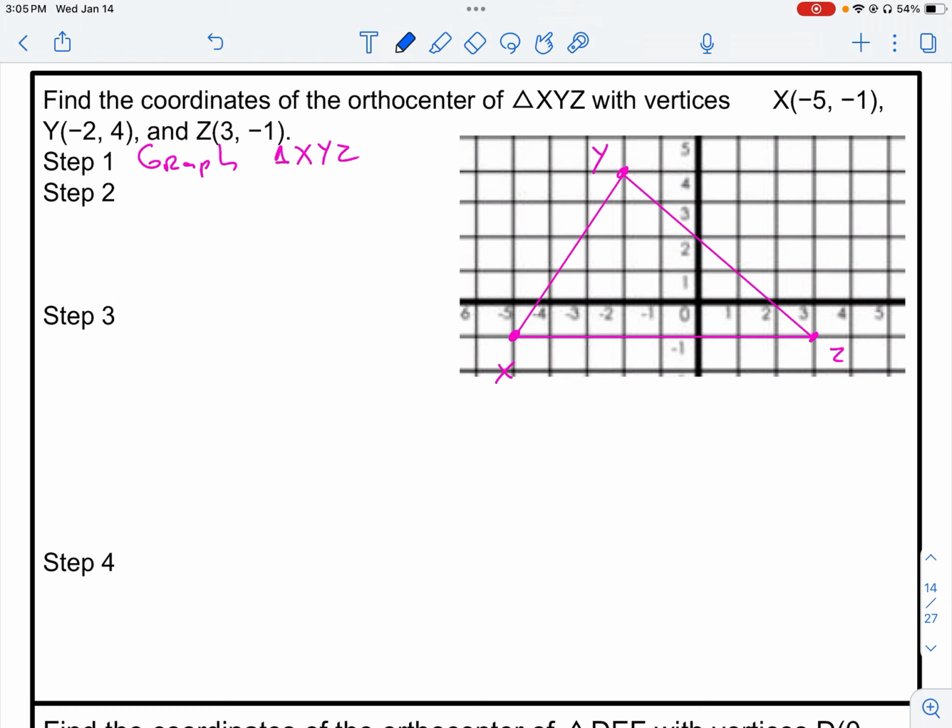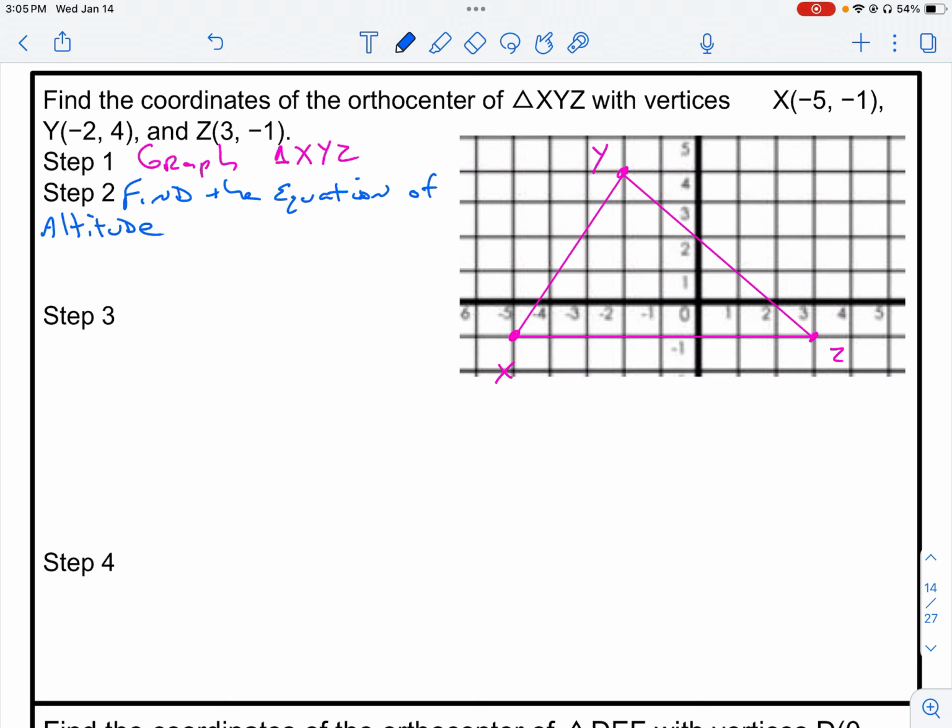Well, how are we going to do that? Well, we're going to find the equation of the altitude. Which altitude?